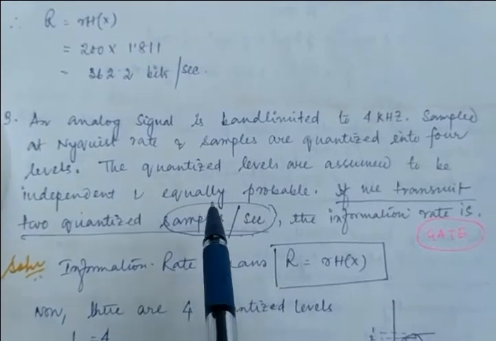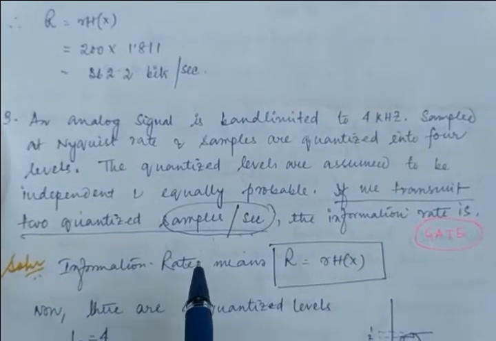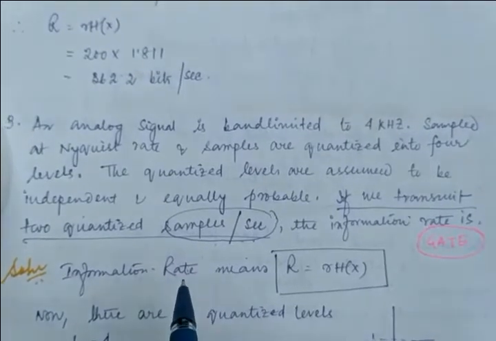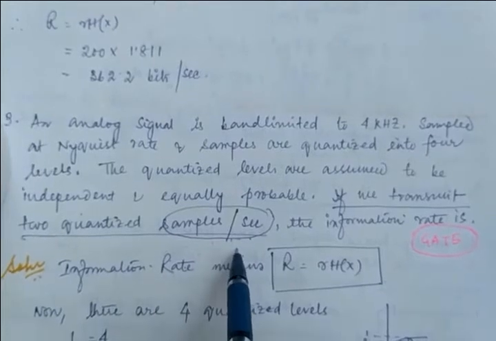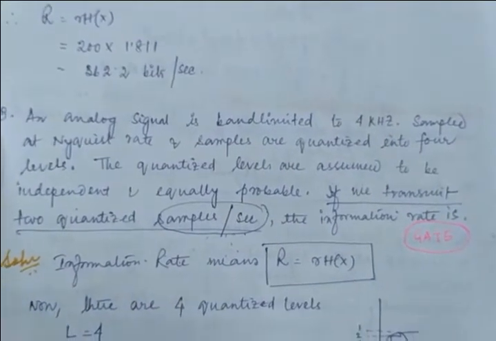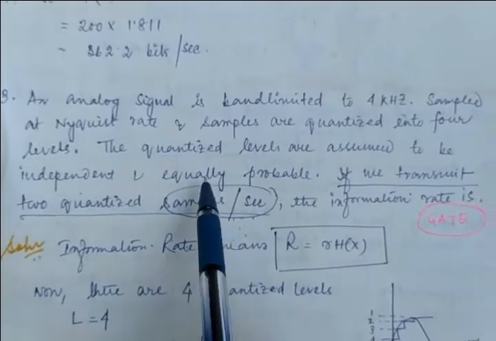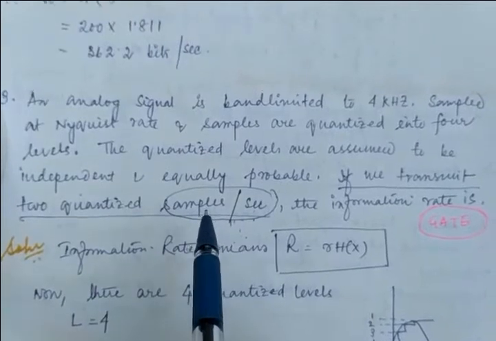Sample per second, bits per second, bits per symbol are all different units, different parameters, right? Here it is sample per second, which is nothing but the value of small r. I think it's clear because the unit says sample per second.